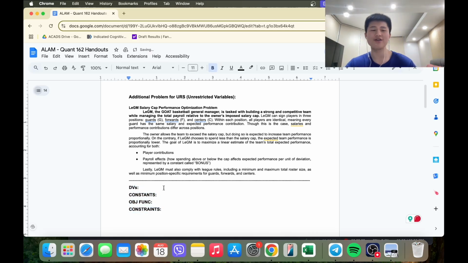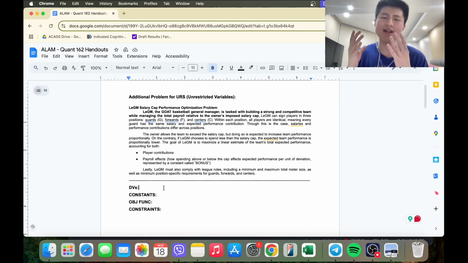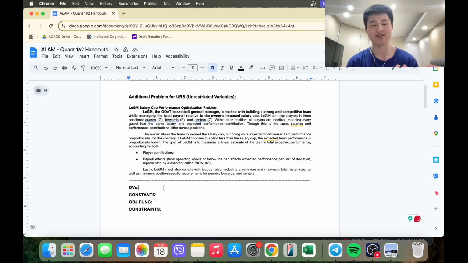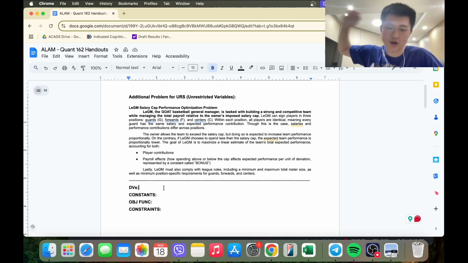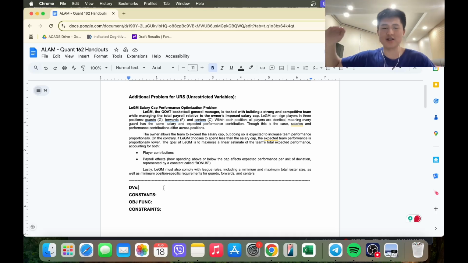Sometimes it's actually hard to get the objective function, so you can jump straight to the constraints if you don't really know for sure yet what the objective function is. It doesn't have to be in the order of DVs, constants, objective function, constraints. Sometimes you have to jump, and that's very common, especially when the LT questions come out very long.